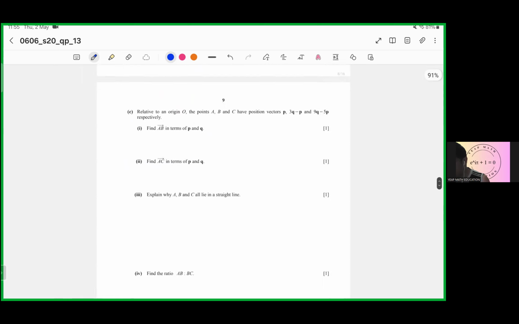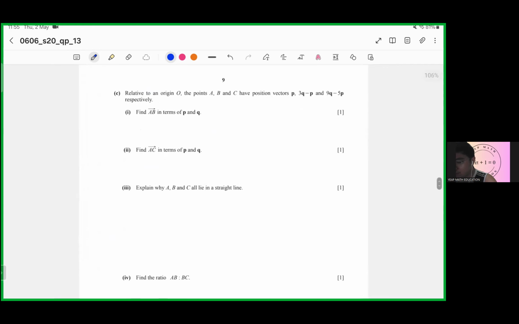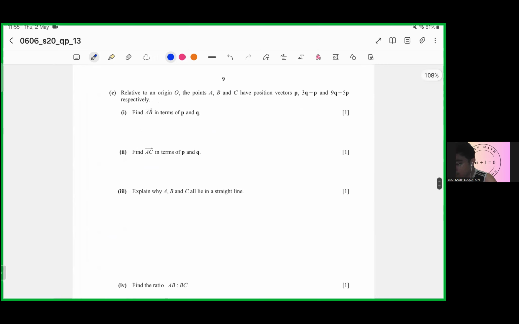Now we look at question C. Relative to an origin, the points A, B, and C have the position vectors p, 3q minus p, and 9q minus 5p respectively. Find AB in terms of p and q.